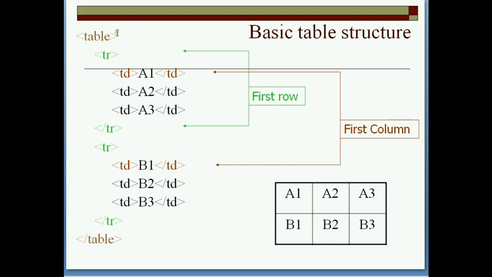A table tag is opened here and it ends over here. So there is a table specified within this region. The tr specifies a table row, and the td specifies a table cell.